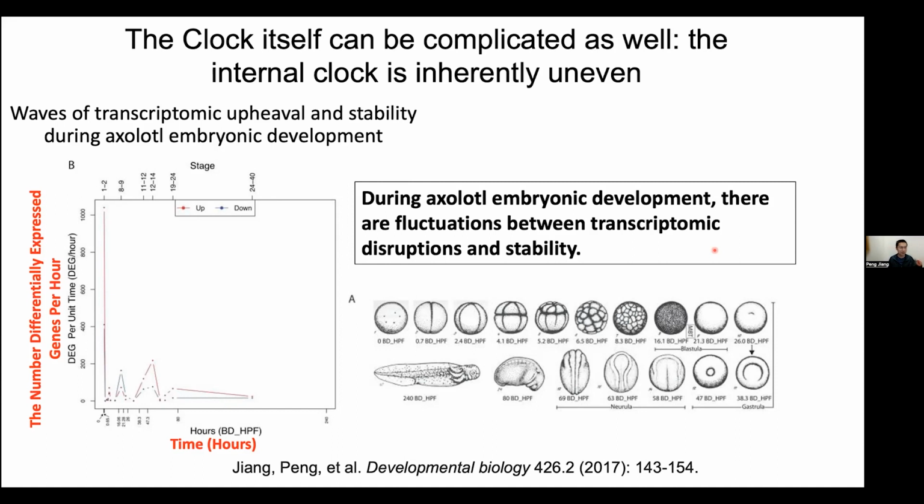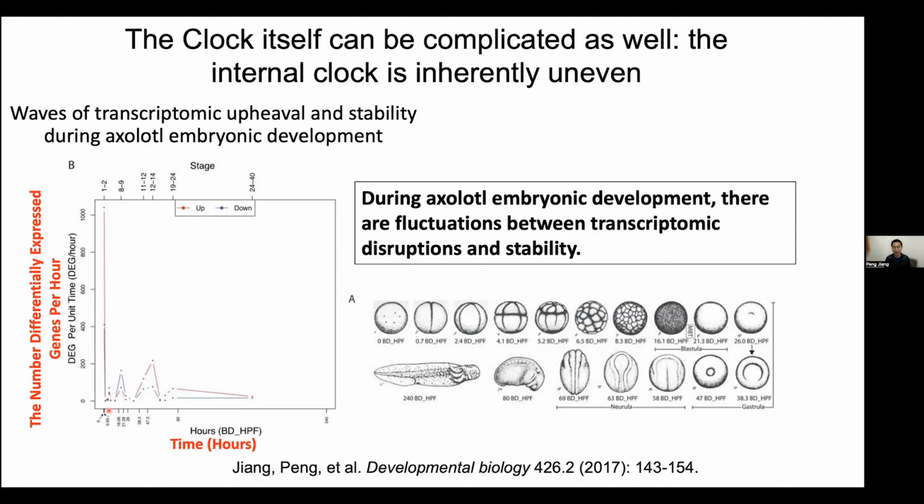Starting from the embryo, then differentiation, and going through all the specification periods. What we are doing is looking at each hour and calculating the number of differentially expressed genes on the y-axis, with the time point on the x-axis. So during the early development of the axolotl, there are certain timings with dramatic transcriptomic changes.